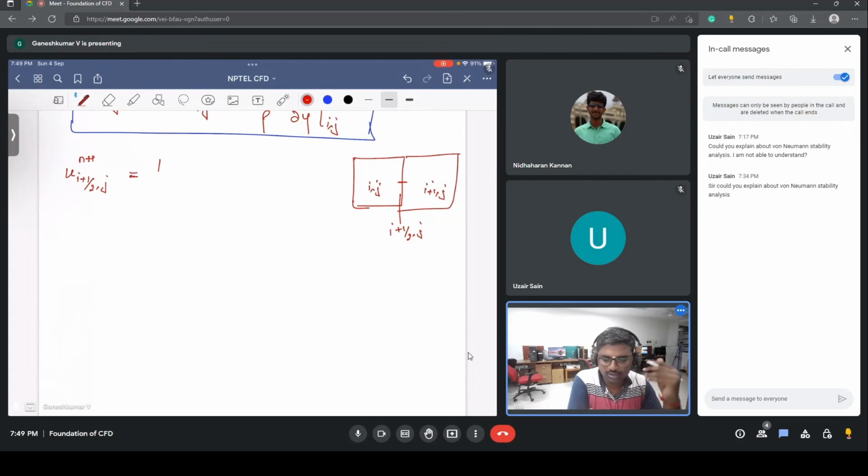As we said before, this is a collocated grid. If it is a staggered grid, we know the velocities already because we store velocities at the faces. Here we stored them in the cell centers. So I have velocity at i comma j, I have velocity at i plus 1 comma j, and I need velocity at i plus half comma j. So how can I do it? Can I write like this?